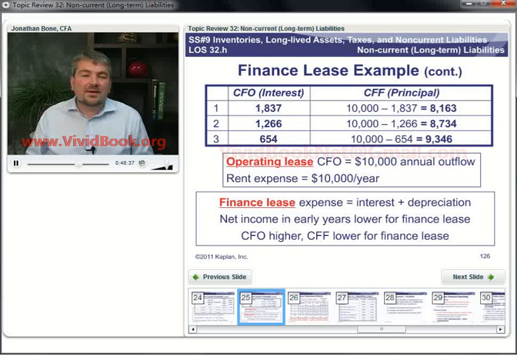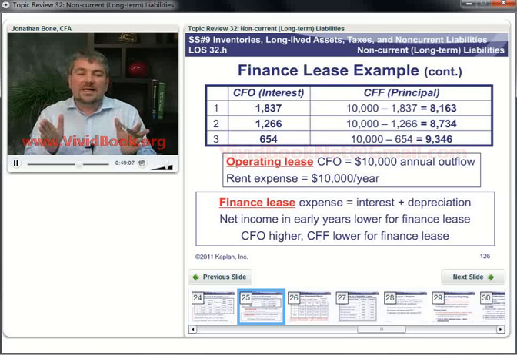So what is the total impact of finance leases versus operating leases in the income statement? Under a finance lease, we see the interest on the liability and the depreciation of the asset. Under an operating lease, we just see the rental expense of 10,000 each year. What we tend to find is that interest and depreciation are greater than the rental expense in the earlier years, so net income is lower for a finance lease compared to an operating lease in the earlier years.